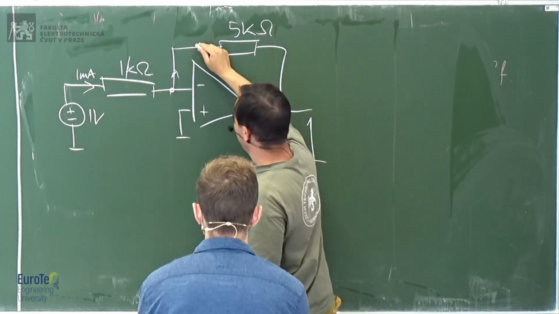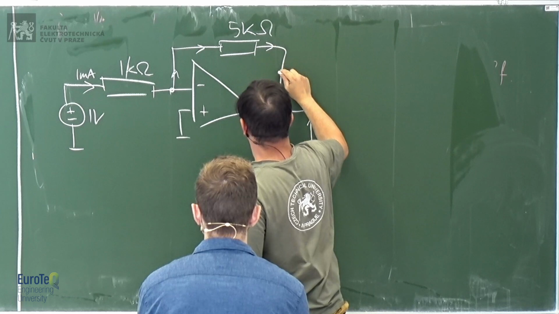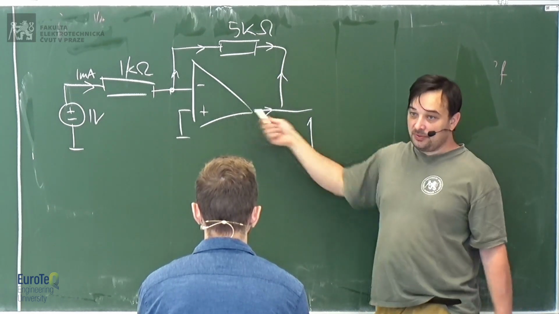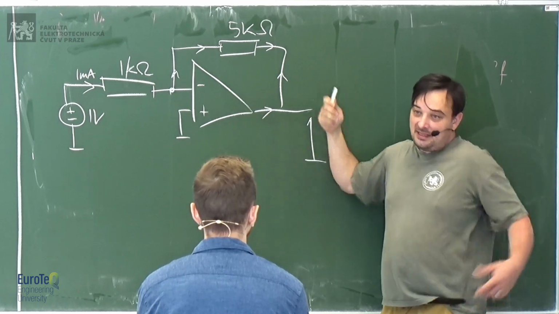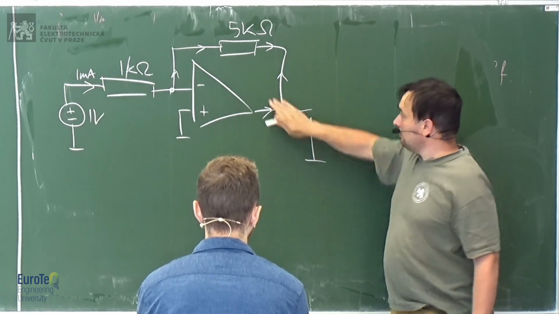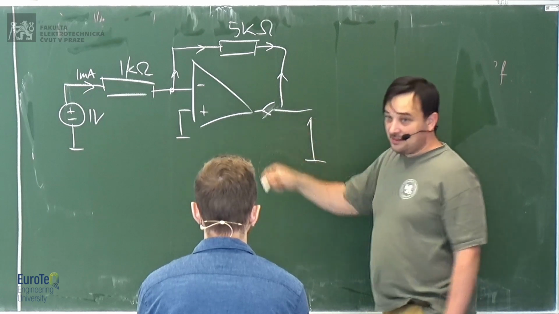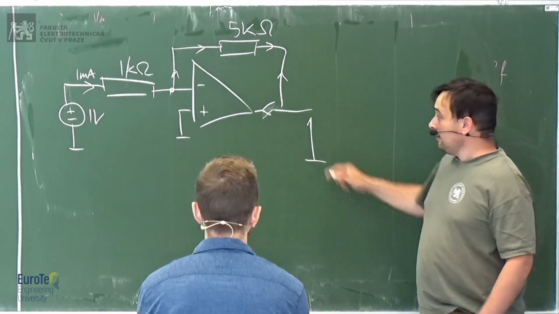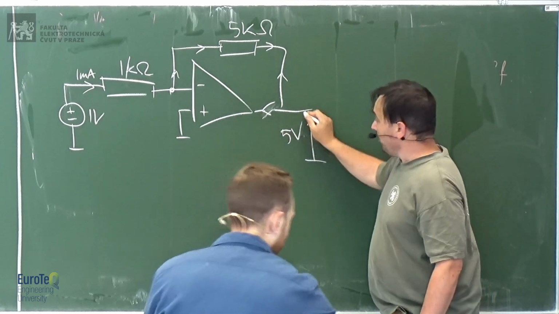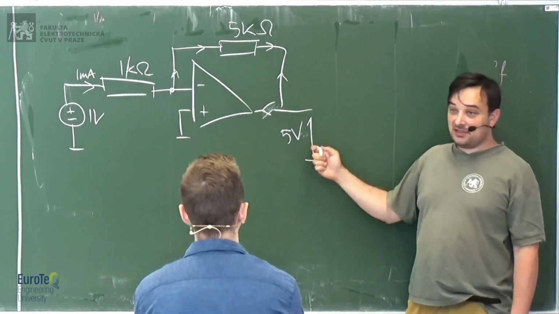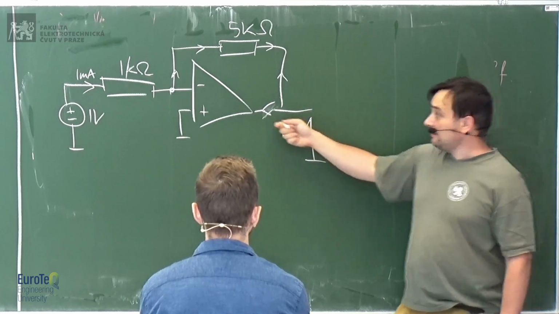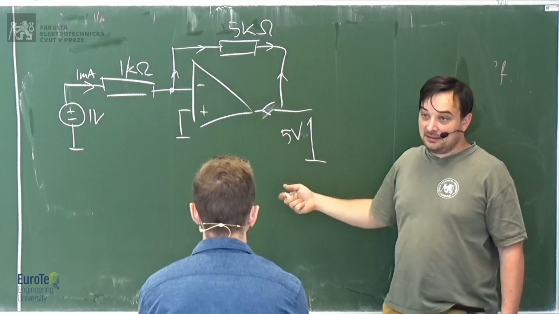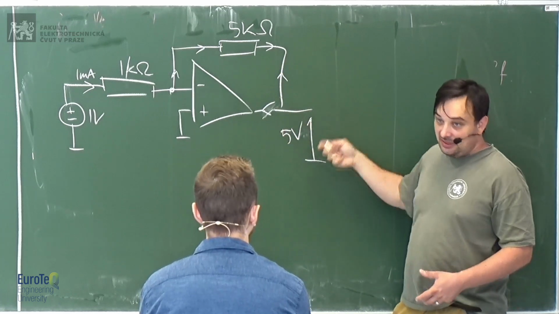And this milliamp is in fact generated or absorbed. In this case, it's a negative current, so it's going inside the operational amplifier. So the operational amplifier creates a voltage, in this case 5 volts, or better, it will absorb a current, and it does so by generating this voltage.